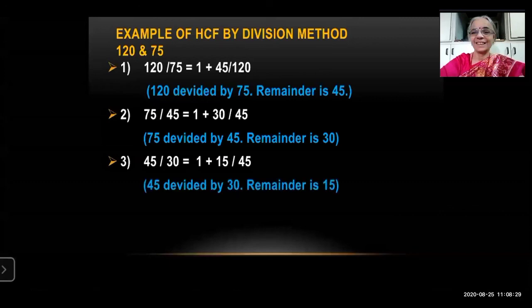And we need to continue dividing this way till we get 0 as remainder. Okay. Now again we need to divide 30 by 15. And those who know tables, they will do faster. Now there is no remainder. 15 twos are 30. And when we subtract 30 from 30, it's 0.